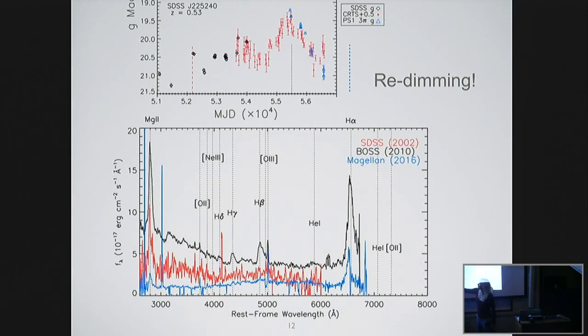So it went from the really red, noisy Sloan spectrum, where you can't detect any broad emission, to the black spectrum, and then back to the blue spectrum. It seems to have some narrow H beta, and it's possible it still has some broad H beta, but it's essentially undetectable. So this one could be interesting in that it's now redimming.